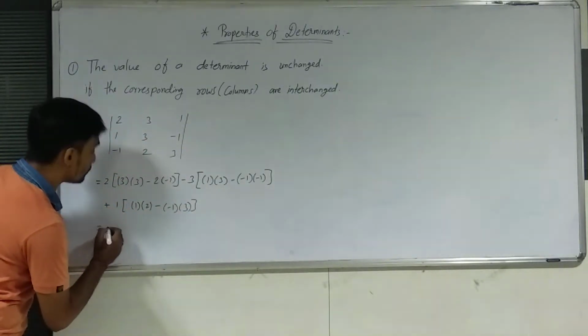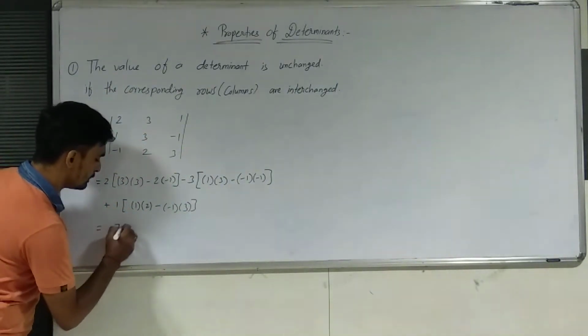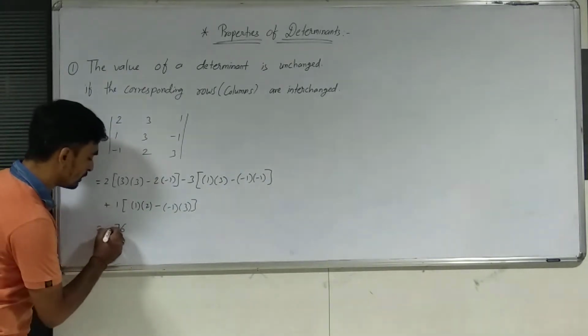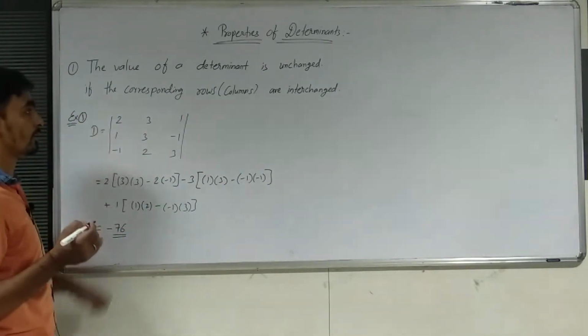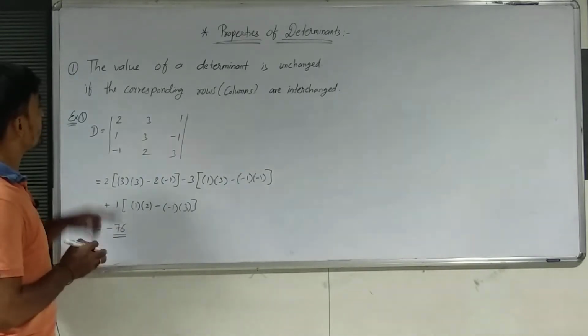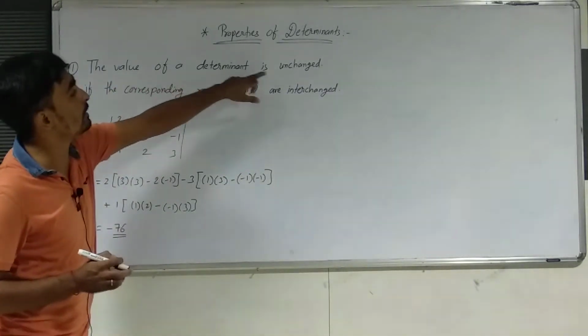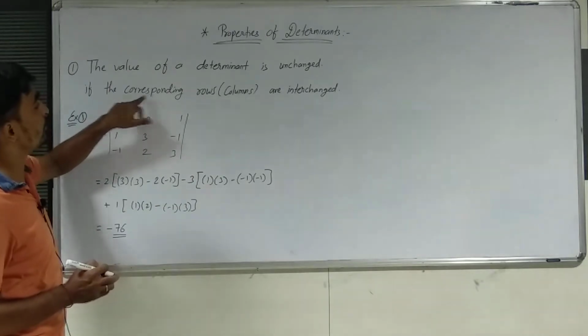After solving this you will get minus 76. Now, the property says the value of the determinant is unchanged if the corresponding rows and columns are interchanged.